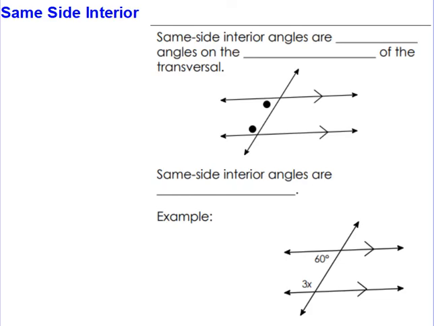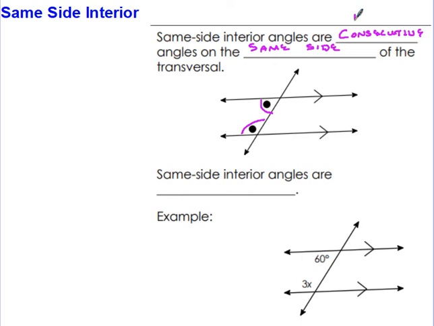So for same side interior angles, they are consecutive angles. Let's write that in. They are consecutive angles, and they are always going to be on the same side of the transversal. Right here we have examples of same side interior angles.